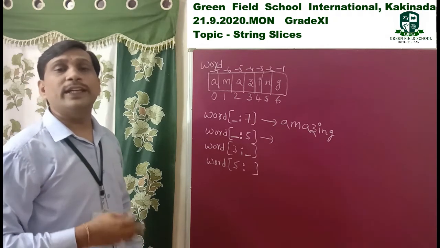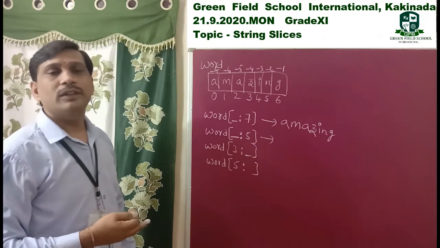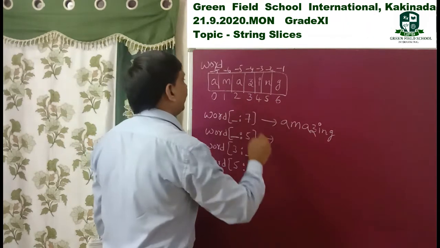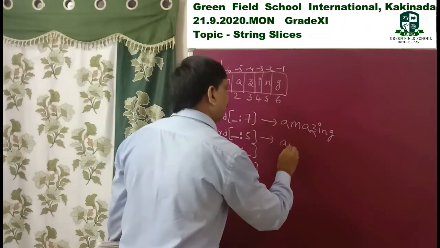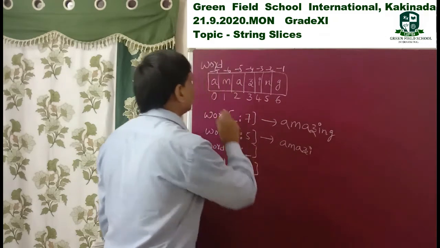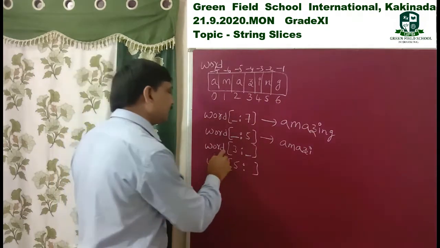Without specifying any incrementation, meaning the step value, it increments by +1. So A to I, A, M, A, Z, I. So AMAZI. That's the second example.